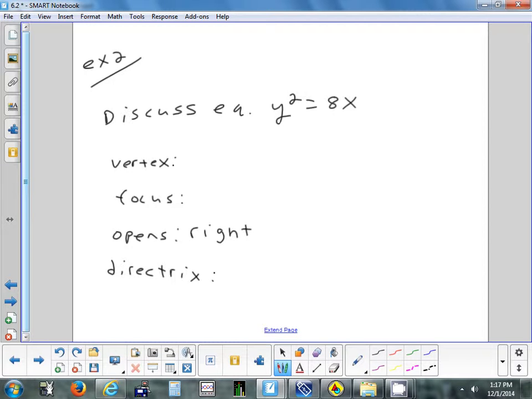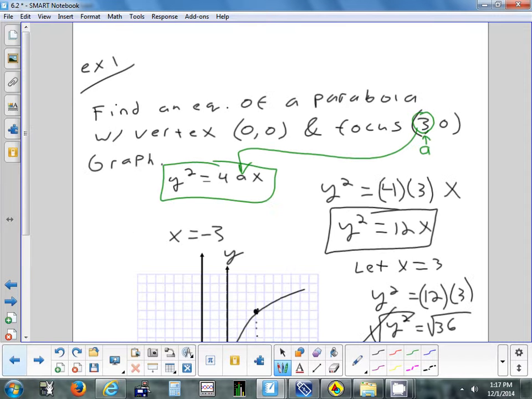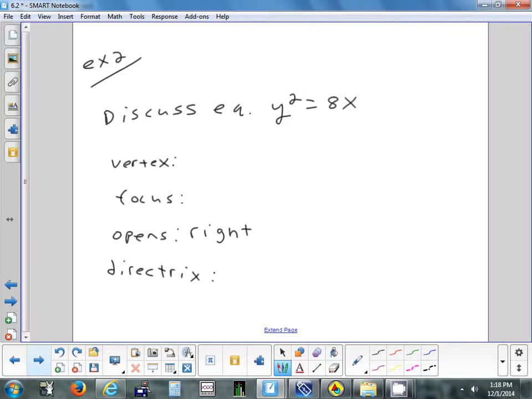Now, what we have here is kind of the final answer, the simplified version. We're going to go back to that step. If I want to know what A is, 4 times something had to give me 12. The something is the A. So let's do the same thing here. 4 times something has to give me 8.